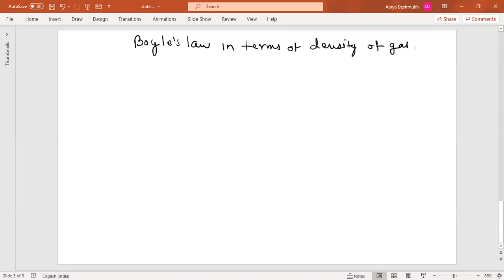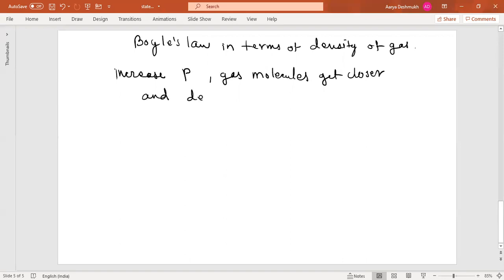Means if you increase the pressure, what happens? The gas molecules get closer to one another, and what is the result of this? The density of the gas increases.